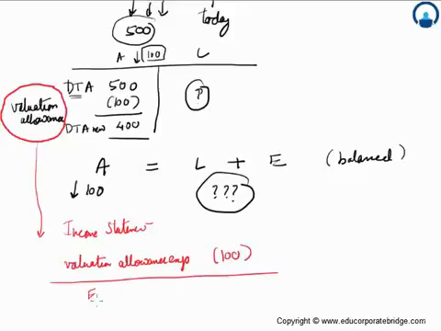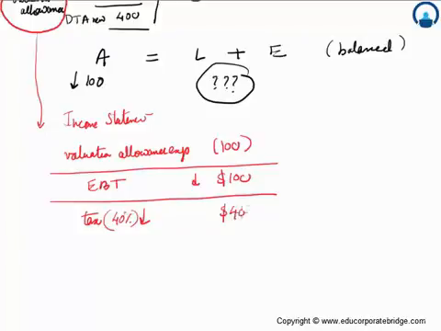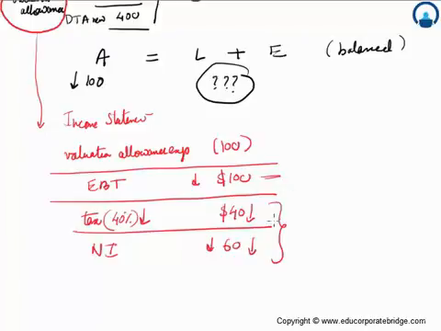So your EBT will come down by $100, and as a result two things will happen. Your tax will come down, let's say if this was a 40% tax rate, by $40, and your net income would come down by another $60, so that the total is equal to 100 here, which is EBT.